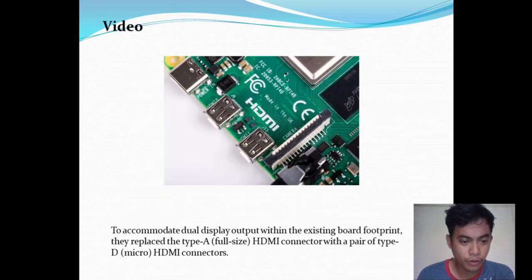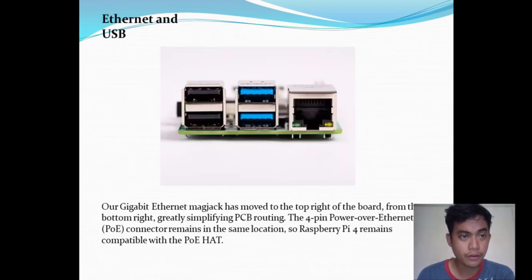In video, to accommodate dual display output within the existing board footprint, they replaced the Type A full-size HDMI with a pair of Type D HDMI connectors. In the USB and Ethernet, the Gigabit Ethernet magjack has moved to the top right of the board from the bottom right, greatly simplifying PCB routing.